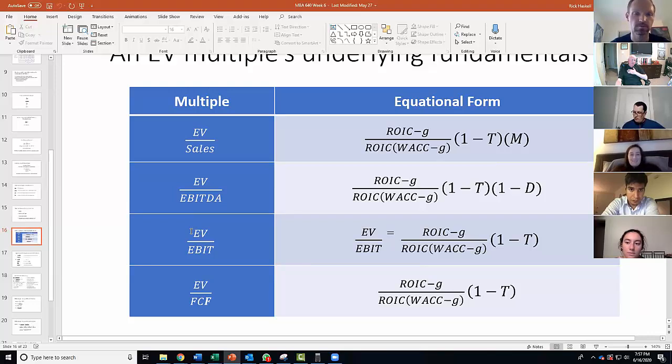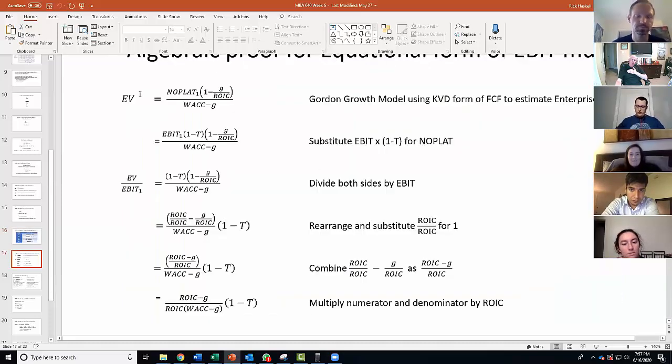Yes. So we're going to run through an example numerically of this in just a moment. Okay? Well, I've given you this algebraic proof just so you'll see that these are the component parts. Okay?